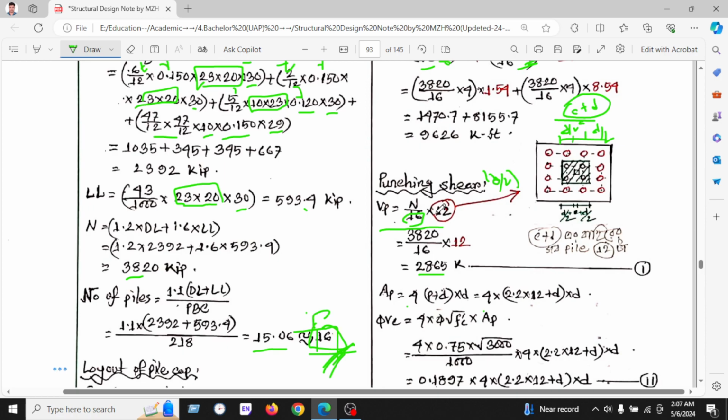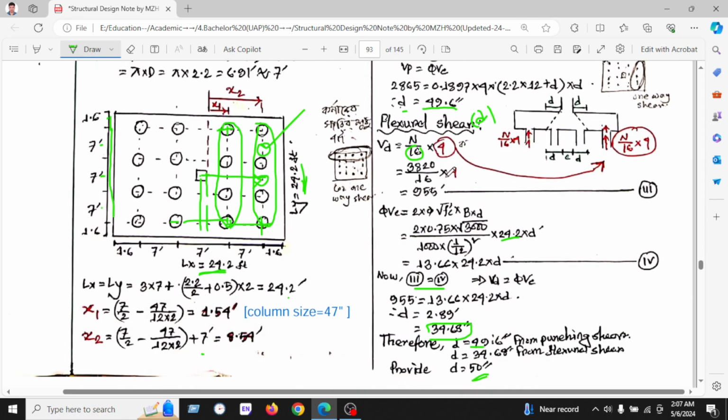Because these are the piles that are outside of the C plus D. On the other hand, we have seen that the flexural shear is at a distance of D, only distance of D. So the total load is divided by the total number of piles, and only 4 piles take the shear, only 4 piles.